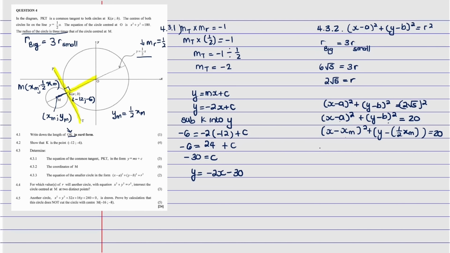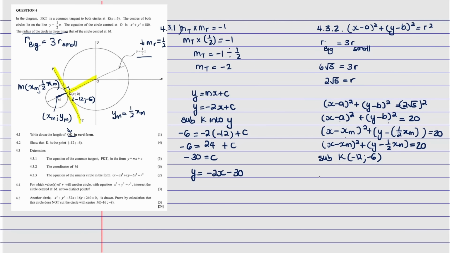So let's simplify this first. This is going to be (x minus XM) all squared, plus (y minus 1 over 2 XM), and this is equal to 20. Now we're going to substitute K, which is negative 12 and 6.